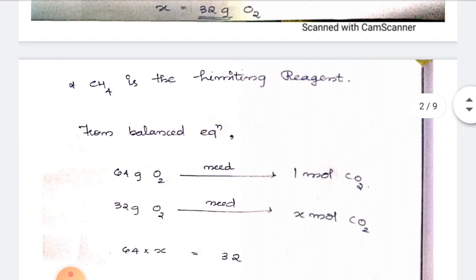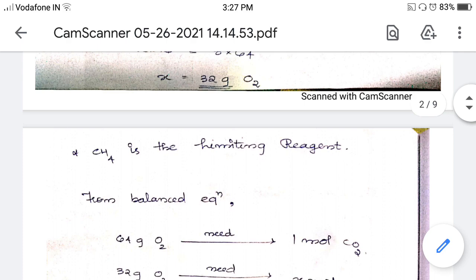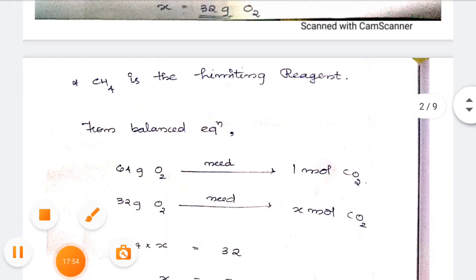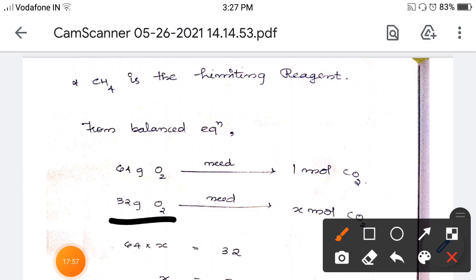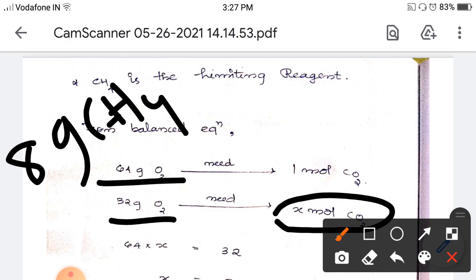Here we found that X is equal to 32 gram oxygen. So we get that 32 gram oxygen is needed for 8 grams of CH4. Then we are calculating the number of moles of carbon dioxide formed. 64 gram oxygen is needed for 1 mole of carbon dioxide from the balanced chemical equation, and 32 gram O2 is needed for X mole of carbon dioxide.